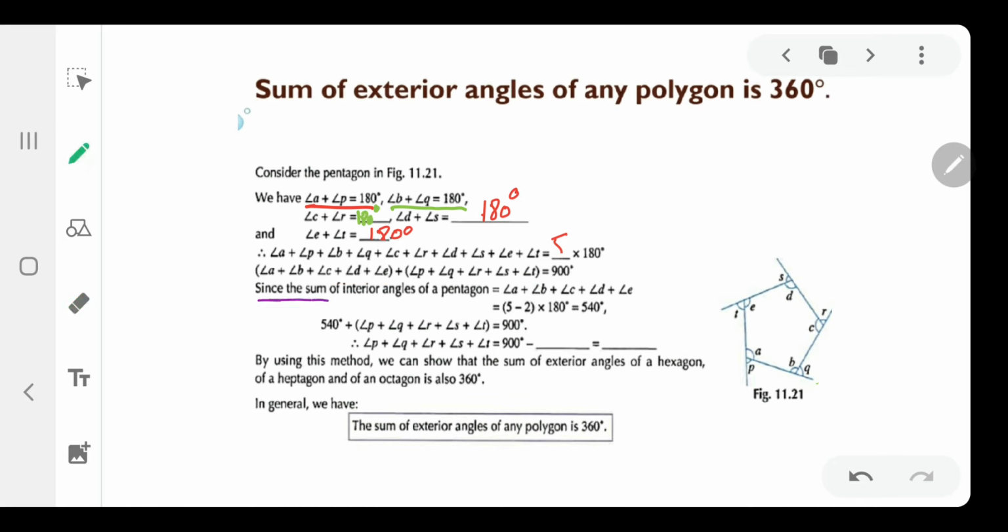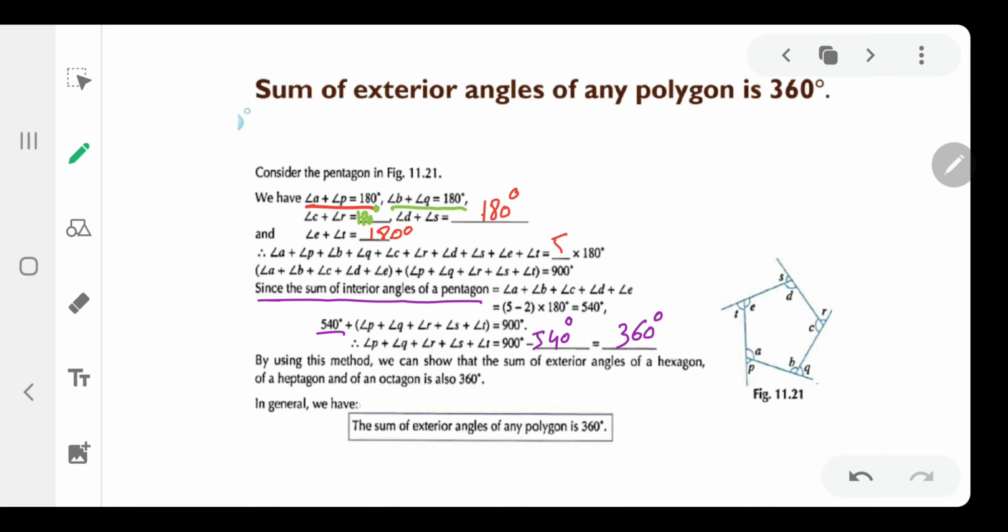Now the total is equal to 900. In the next step we take this 540 to the other side, which means we subtract it. 900 minus 540 gives us the result, which is 360 degrees.